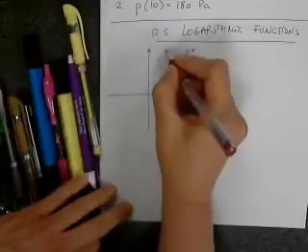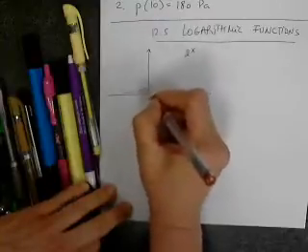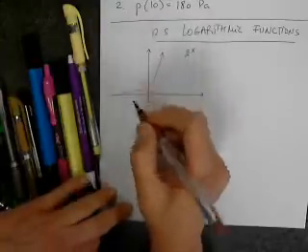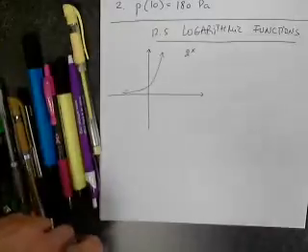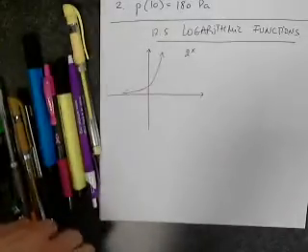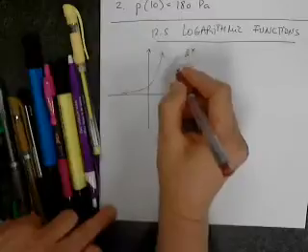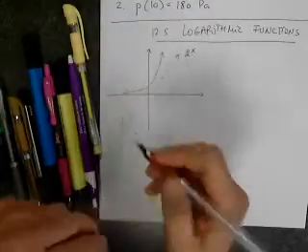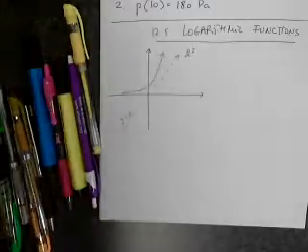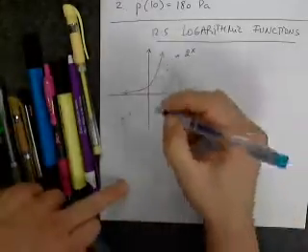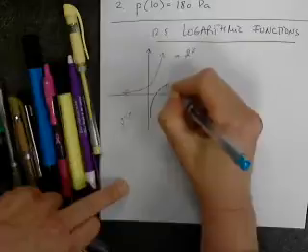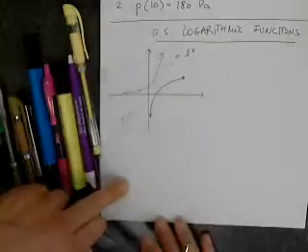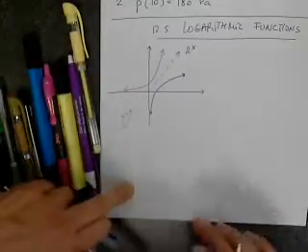Something like this, right? And I was saying at that time when we graphed it that this is the fastest possible growth. We also said it's one-to-one. We also said it has an inverse function. And we graphed the inverse function like this. Right? A few minutes ago.